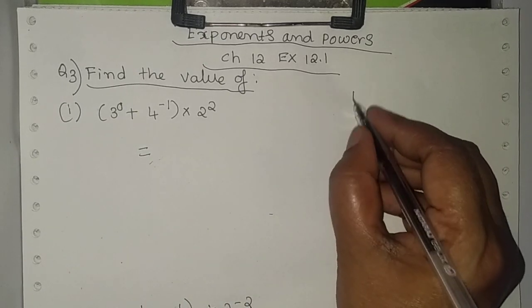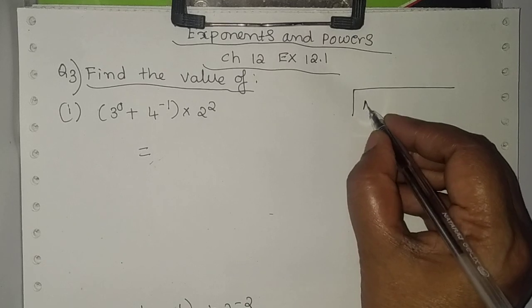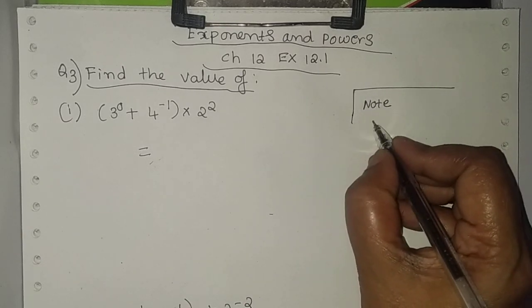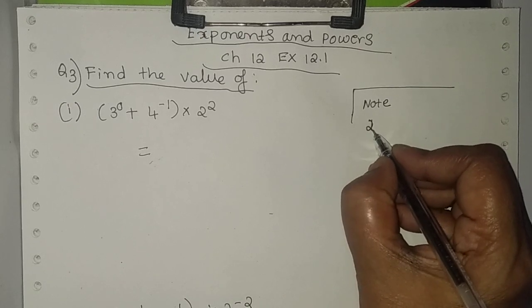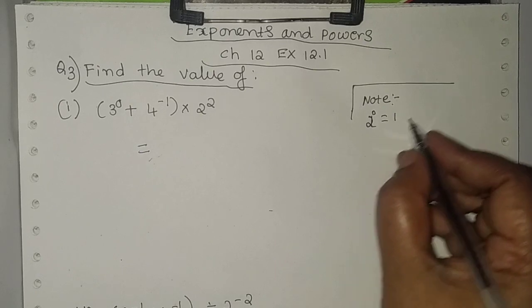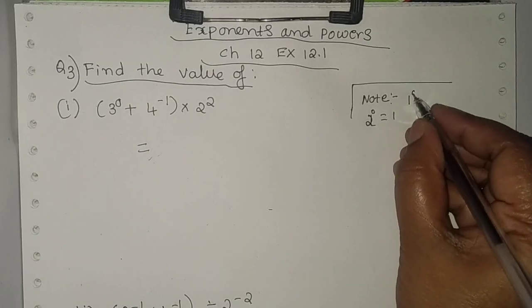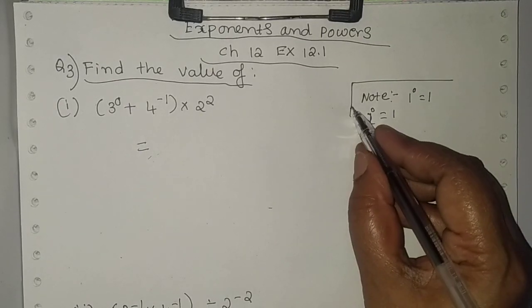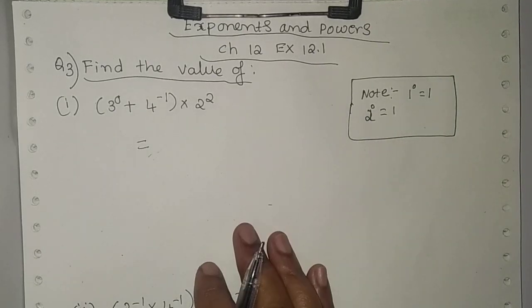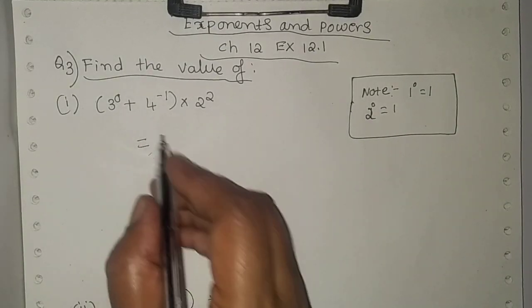note that 1 power anything or 2 power anything is equal to 1. So I also write 1 power 0 is equal to 1, 2 power 0 is equal to 1. So we will apply this here.